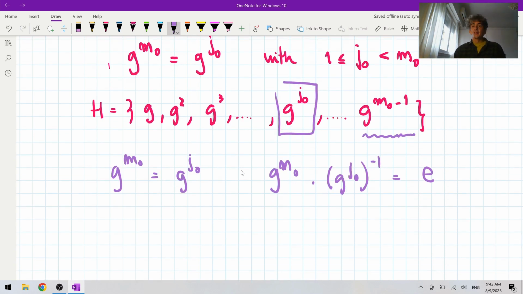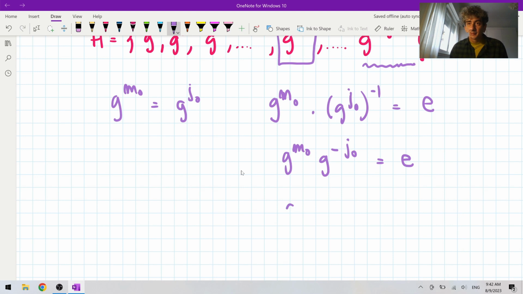But now the inverse of G to the J naught is G to the minus J naught. And this is simply G to the M naught minus J naught.